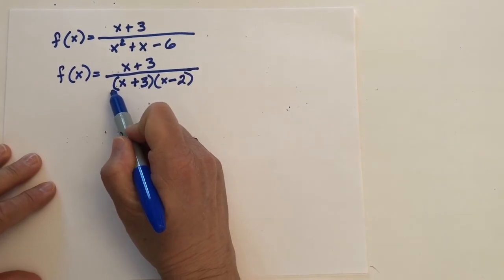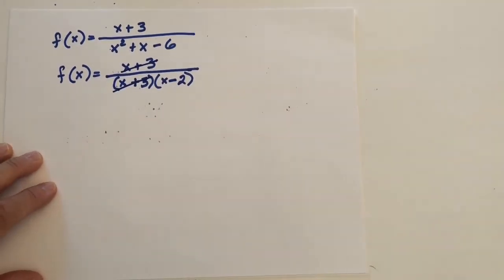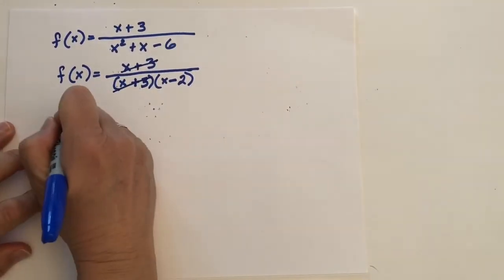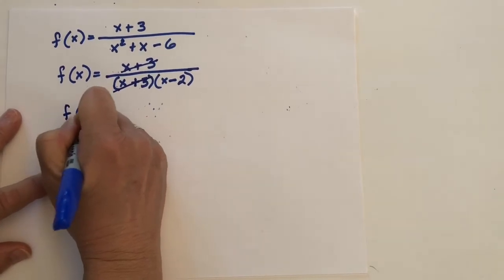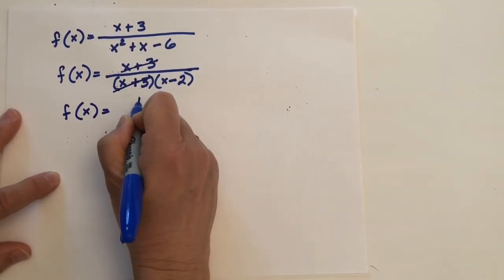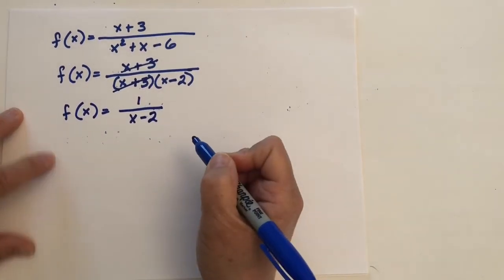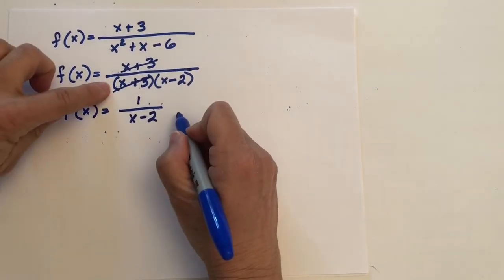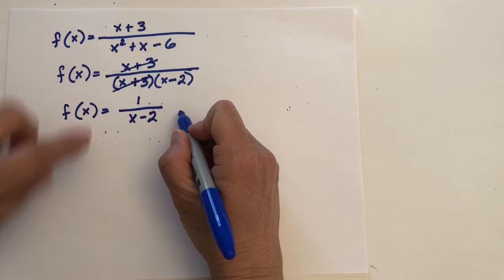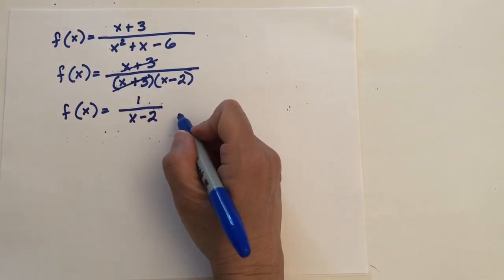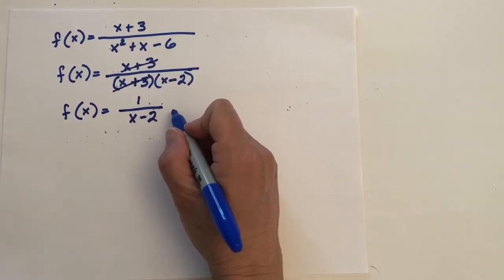So here's what we would do. Cancel your x plus 3's. So the new function looks like this. f of x equals 1 over x minus 2. But we still know that x can't be negative 3.